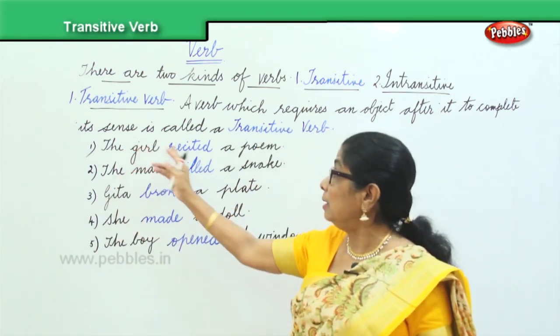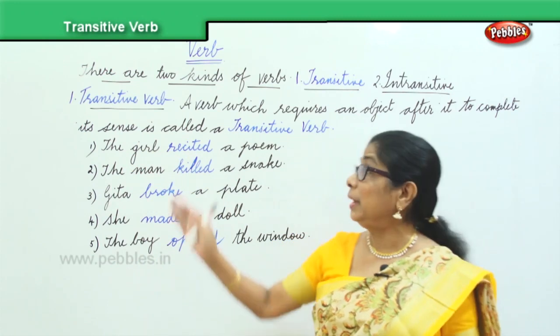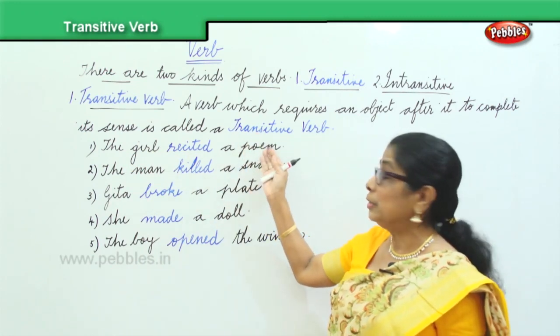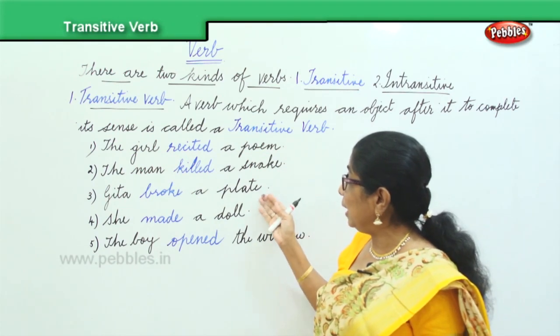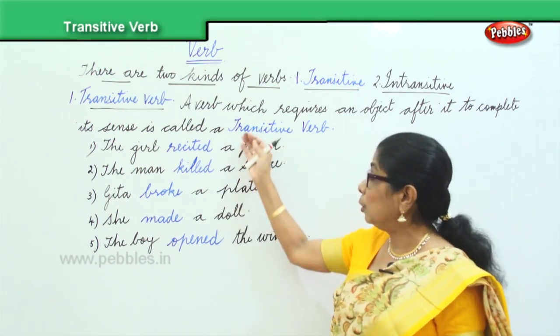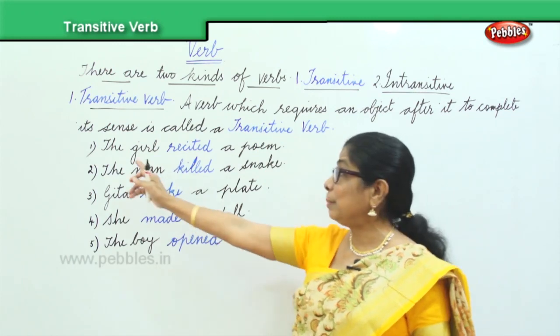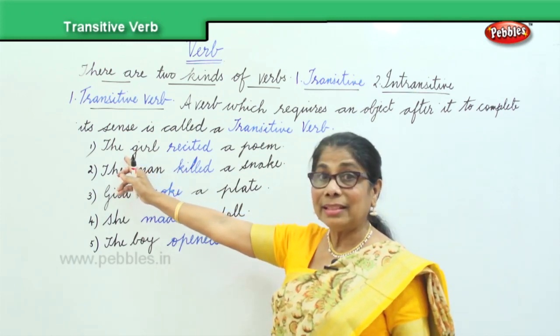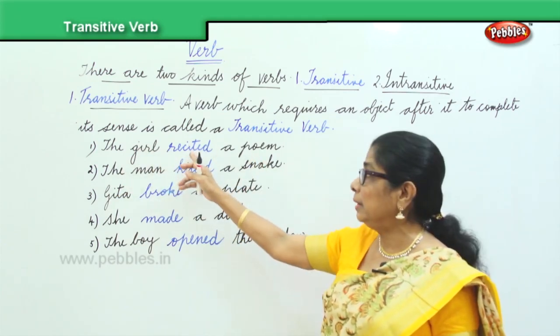The girl recited. It's incomplete. So how do we complete it? Recited a poem. So poem is the object. Here, snake, plate, doll, window. So all these are objects. The subject, the girl, needs an object to complete the action.